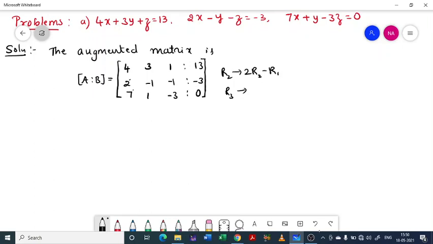You have to take the LCM, that is 28. That can be obtained by multiplying this 7 by 4 and 4 by 7. So multiply it by 4, you get 28 minus 4 into 7, right? So R3 changes to 4R3 minus 7R1. That is the suitable operation.